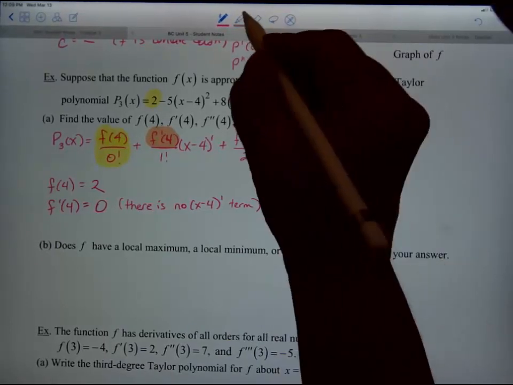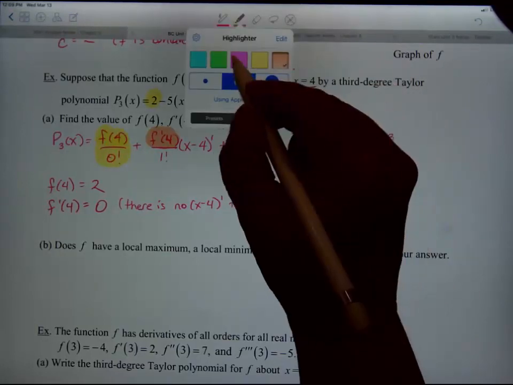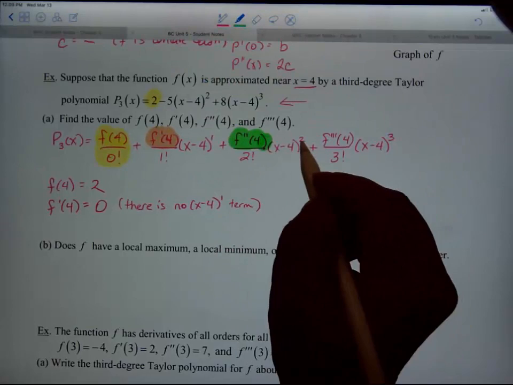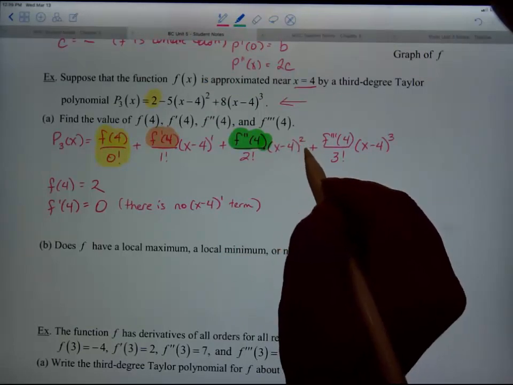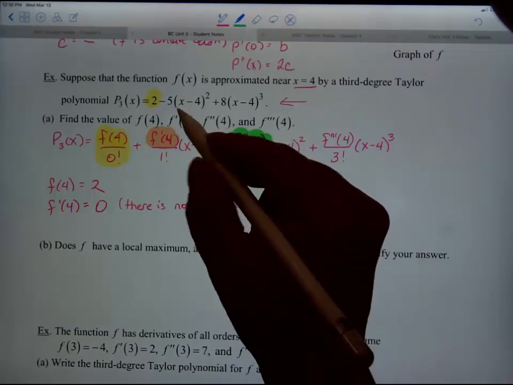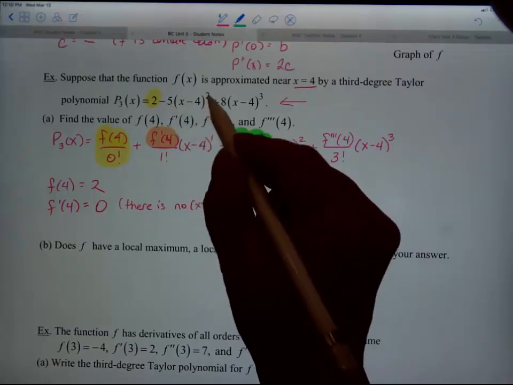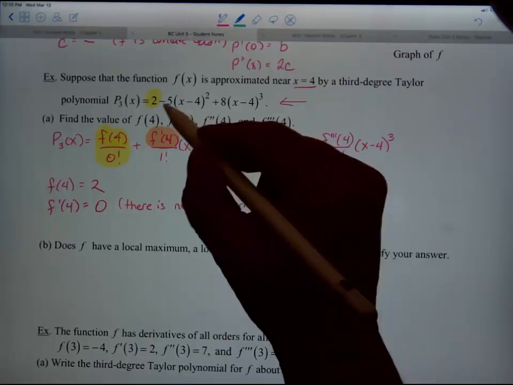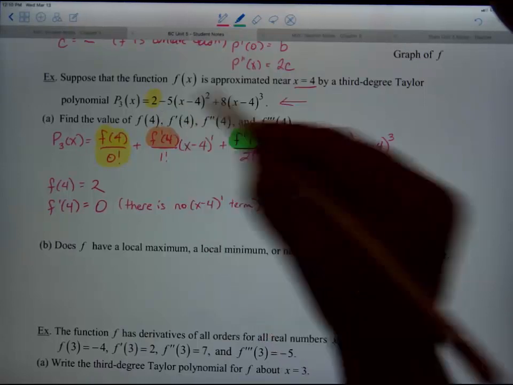All right, the next one, let's go with green. F double prime of 4 is next to the x minus 4 squared. But notice that it doesn't have a denominator. The number in front of the x minus 4 squared is -5. So we're going to take this fraction and set it equal to that number and solve it.